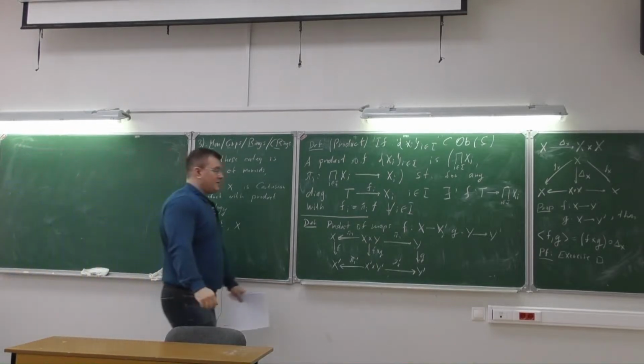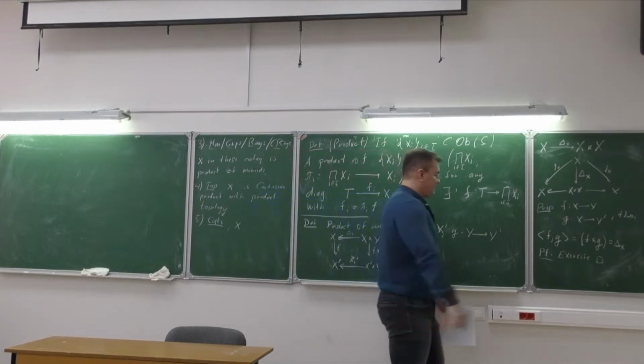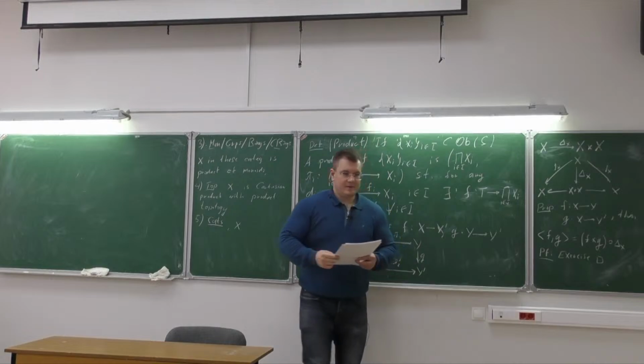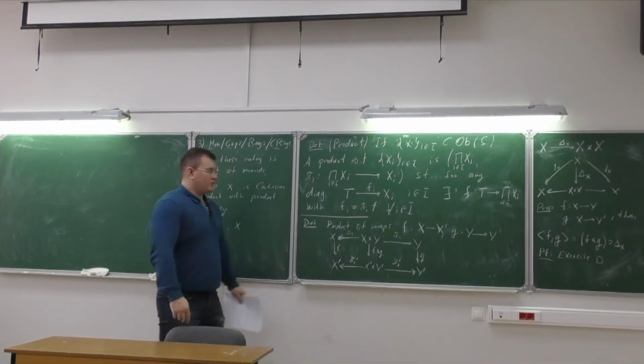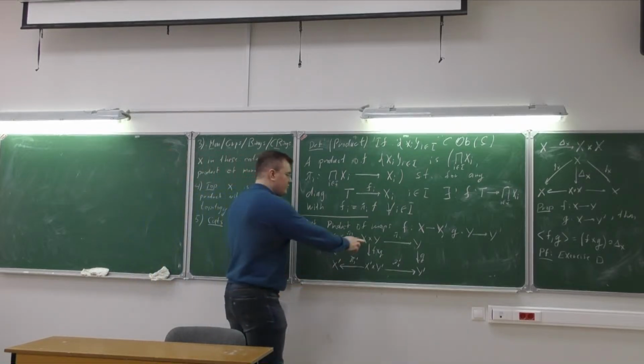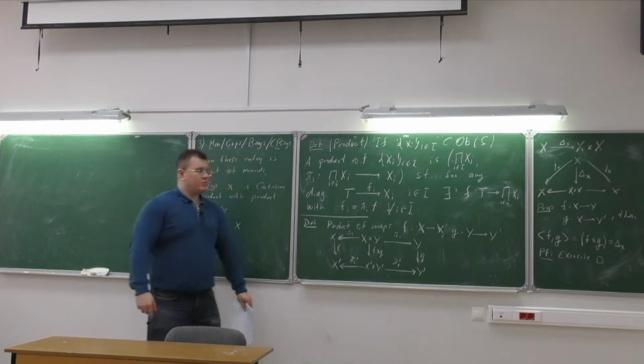Now the statement is that these two maps coincide. Definitions were a bit different: if you go back to how it was defined, this is just a product of maps, and that was just a part of the definition of the product of two objects.